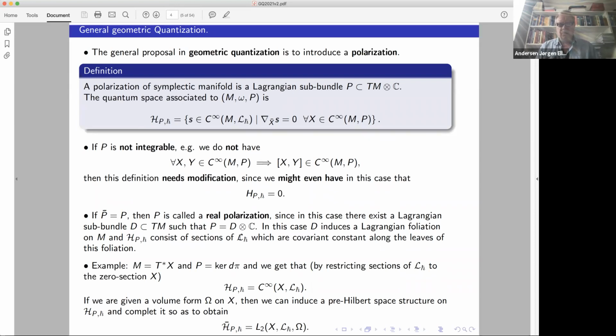And so then the space, the Hilbert space or at least the vector space associated in this situation, are the sections of L which are covariant constant along the leaves.